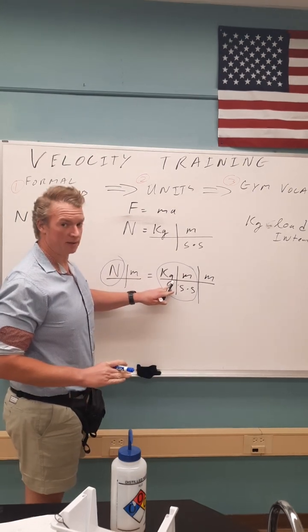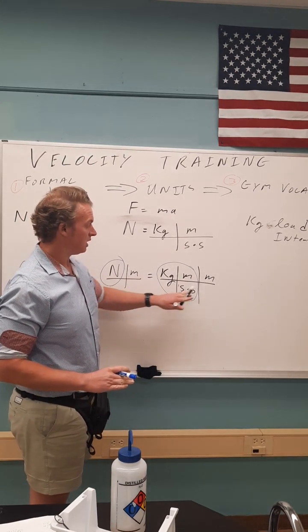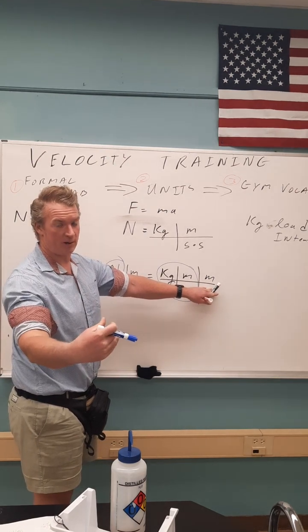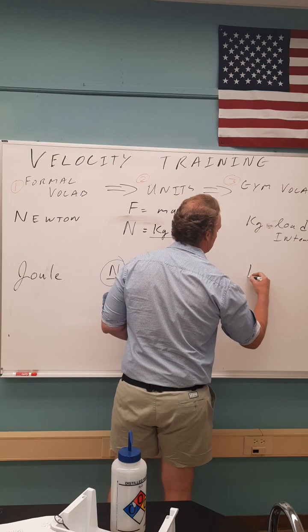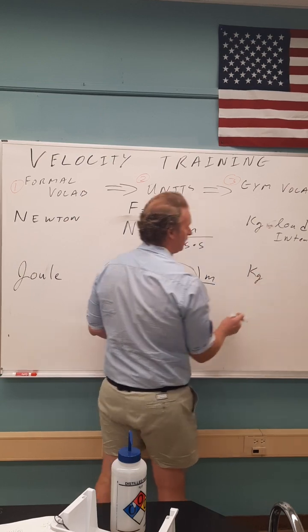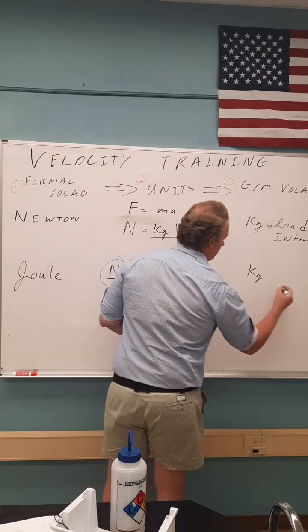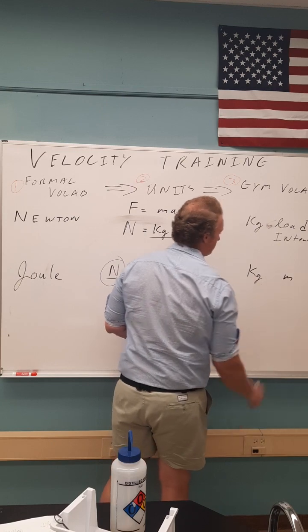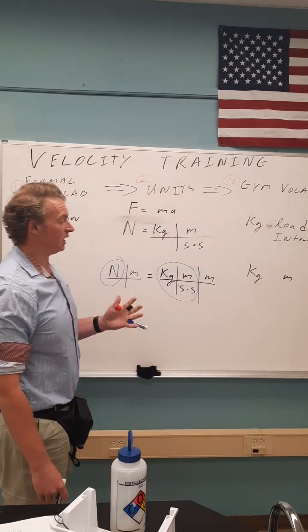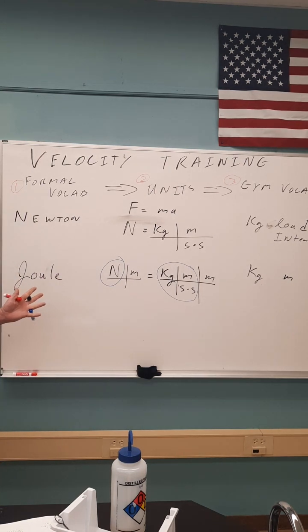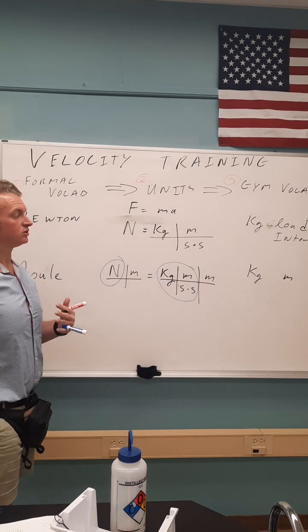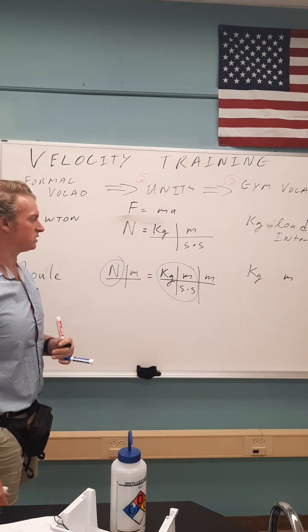The load on the bar, kilograms, and the distance that was moved here. So if you know the load in kilograms, or the load and intensity, and the distance in meters that the bar moved, and a lot of velocity trackers will tell you this, you can calculate the joules that you must have done to move that weight such a distance.